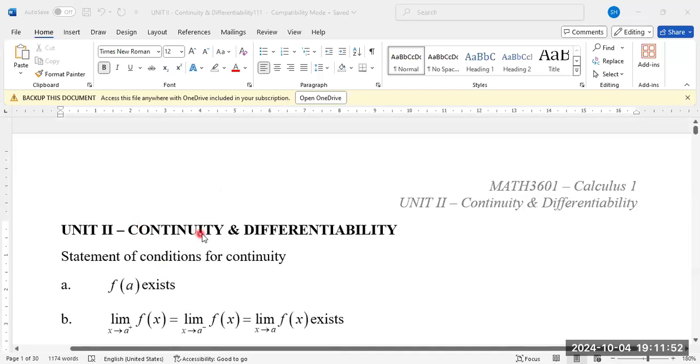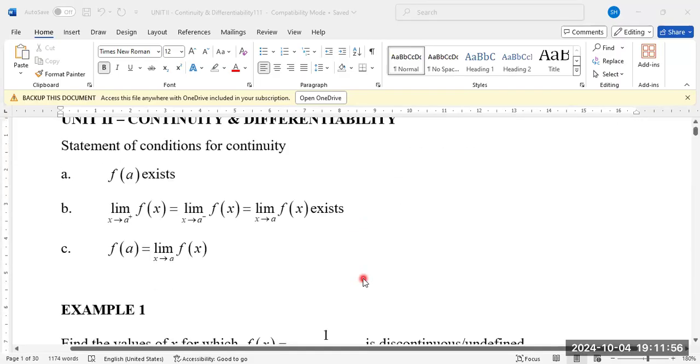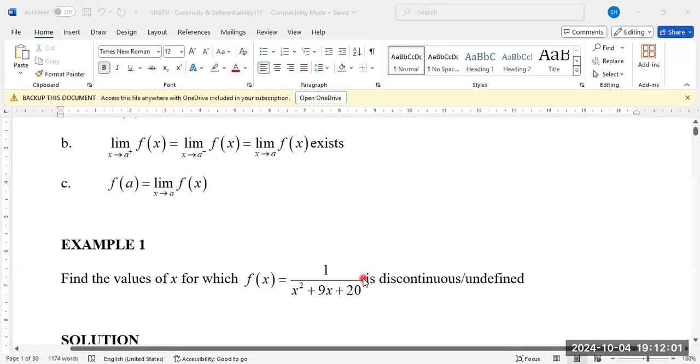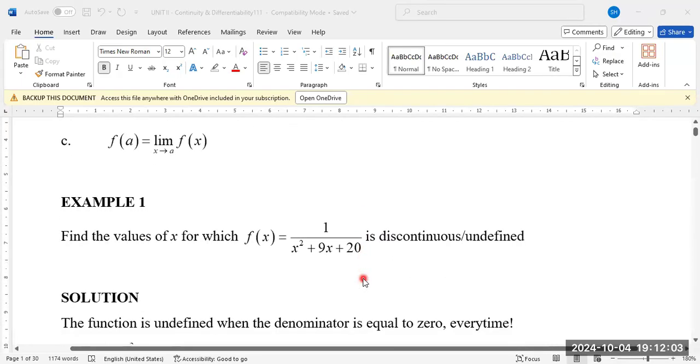Continuity, and differentiability. All right. So now that you know we're doing this, watch me again. The function is undefined when the denominator is equal to 0 every single time. I just did a question with you to find the limit of a function as it tends to negative infinity.